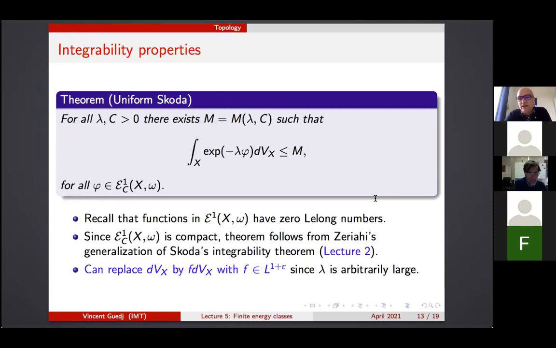Then I have the same exponential integrability theorem, replacing dV_X by f dV_X, simply by using Hölder inequality. Since lambda is as large as I want, I can replace dV_X in the statement by f dV_X as long as f is in L^p for some p bigger than 1. Okay? So you will soon see how this type of measure shows up in Kähler geometry.